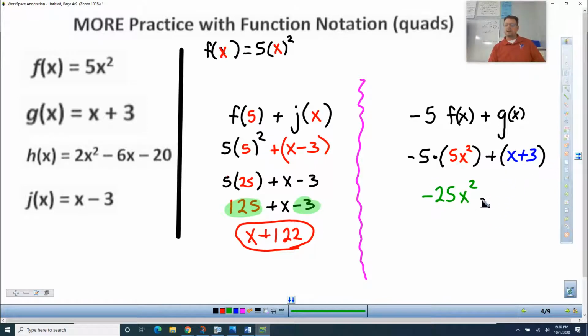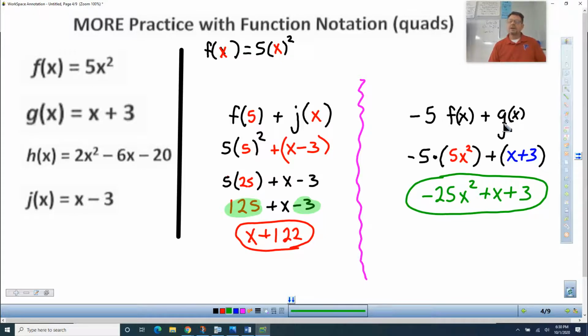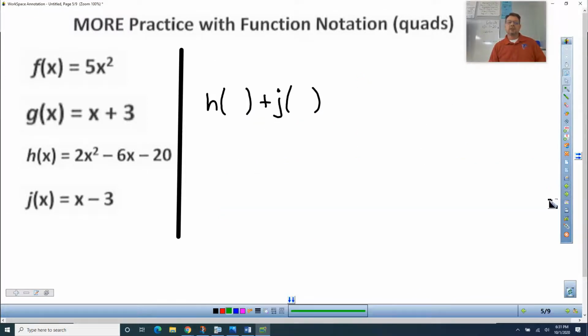Okay, and then just plus x plus 3. Any like terms? No. So that's the deal. That's what you get. That's what happens when you do negative 5 times f of x and then add g of x to it. That's what you get. Okay? All right. I think I got one more I want to show you.